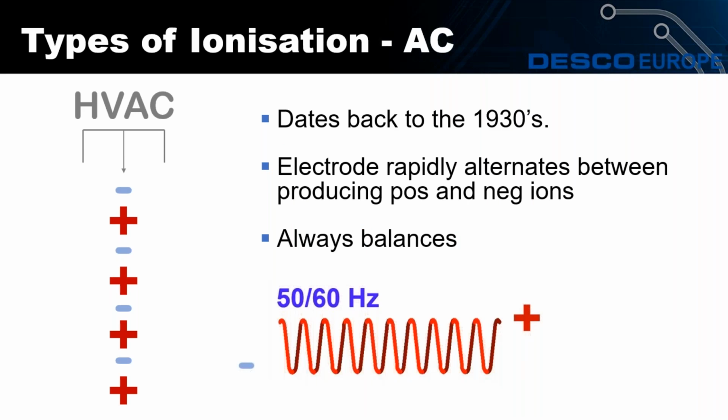alternating current. Now, this dates back to the 1930s, and what this technology does, it relies on a single electrode that rapidly alternates between producing positive and negative ions. It does actually work very well.